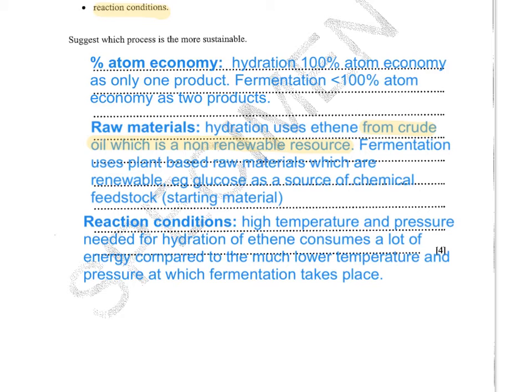So obviously, hydration of ethene consumes a lot of energy to maintain the very high temperature and pressure needed, but that's not needed for fermentation, so fermentation is more sustainable in terms of reaction conditions.